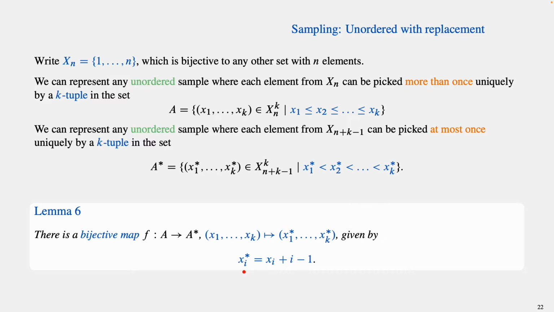And this map is given by the entry xi star here is defined to be xi taken from here, plus i minus 1. And of course we need to prove this, and admittedly the proof is a bit tricky.